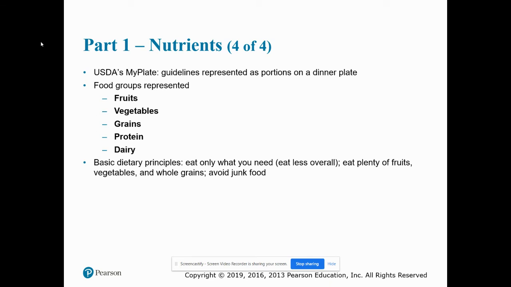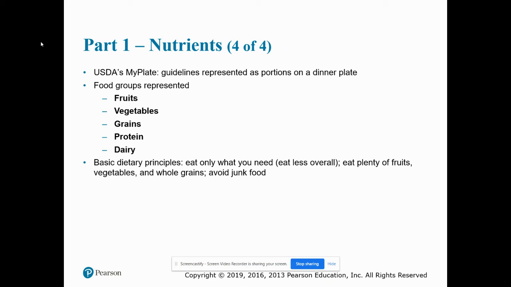The USDA has something called MyPlate, and this is basically a guideline that is represented as portions on a plate. And the food groups that are represented are fruits, vegetables, grains, protein, and dairy. And the basic dietary principles are eat only what you need and eat less overall.